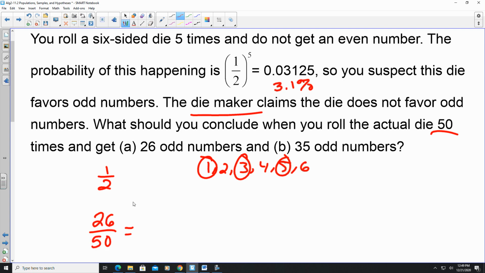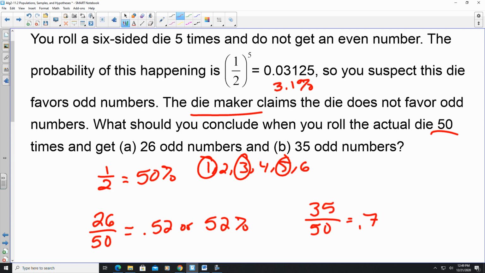So that gets you a decimal, about 0.52 or 52%. So this is close to 50%. All right. The next one is 35. So now we got 35 out of 50, which is 0.7 or 70%.